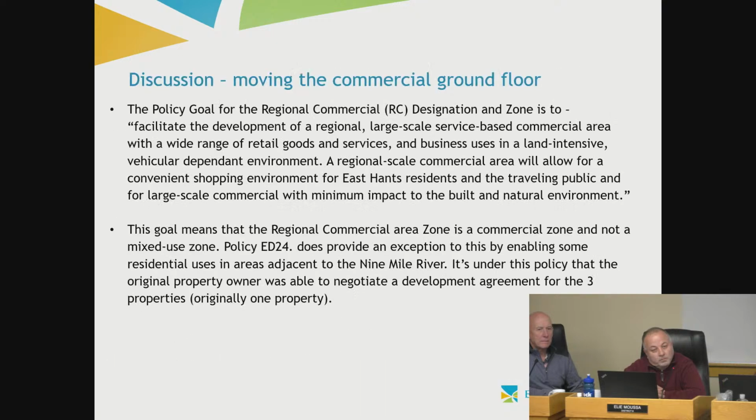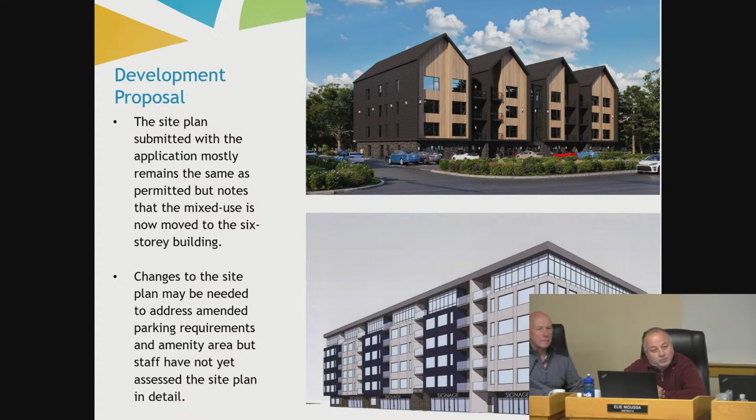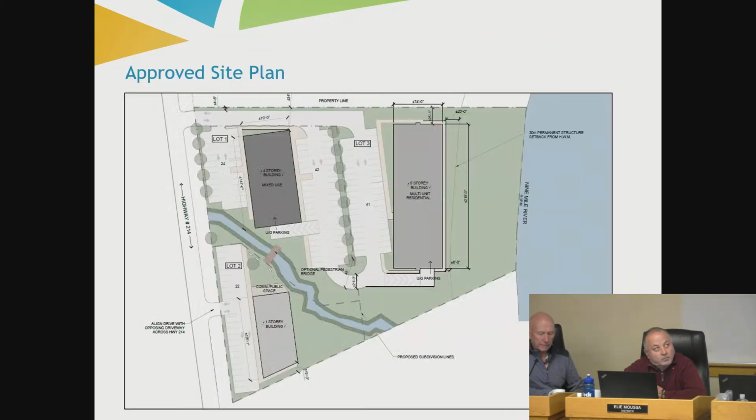Through you, Mr. Chair. So the request has two parts. I'll just bring up the site plan. There are commercial ground floor requirements in this building. The request is to move it to the six-story building, and then this would be residential. The second request is for short-term rentals to be considered commercial, which would essentially allow them to have short-term rentals on the ground floor of the six-story building, but it could also feasibly allow them on the one-story building.